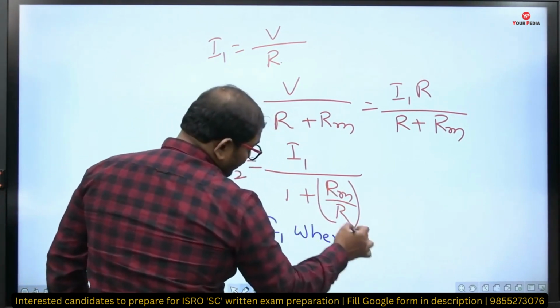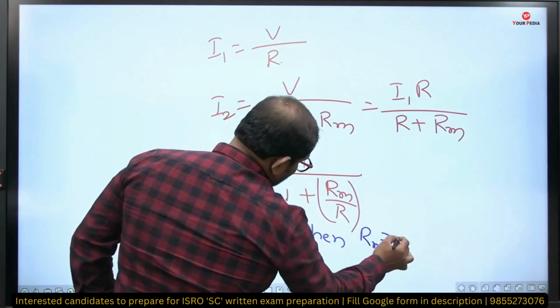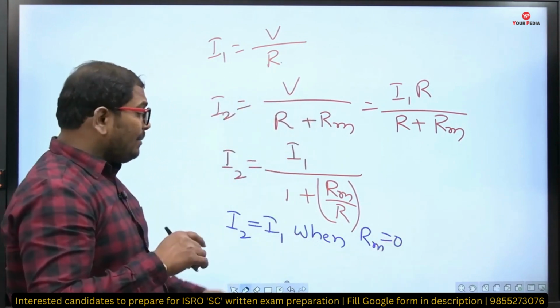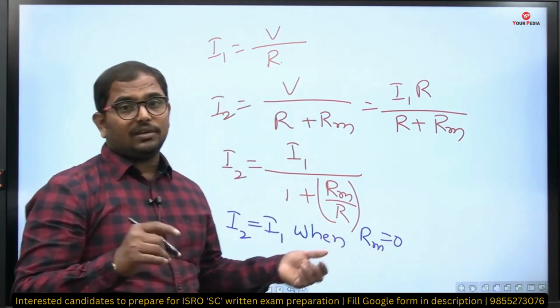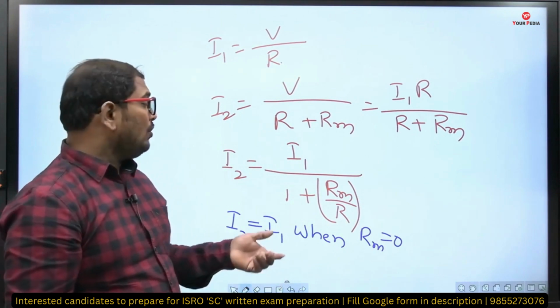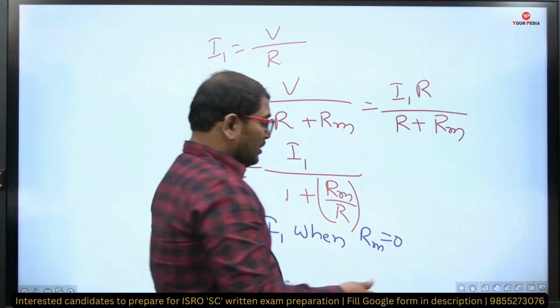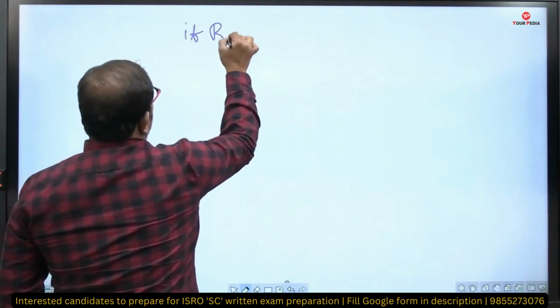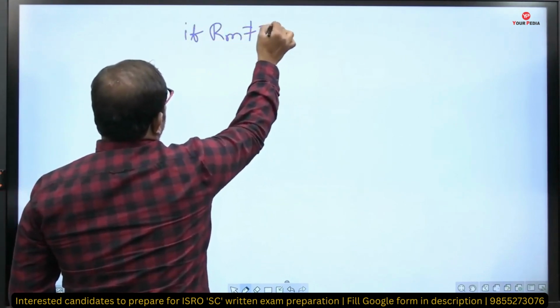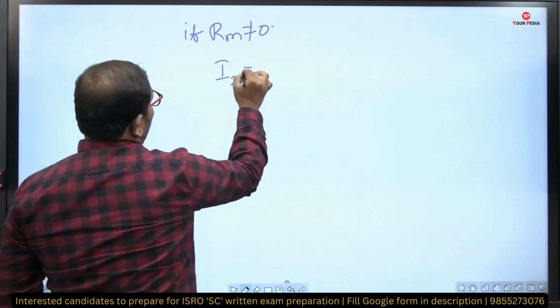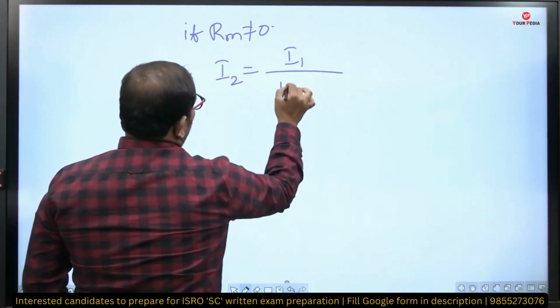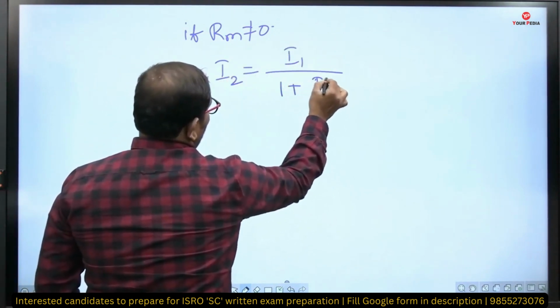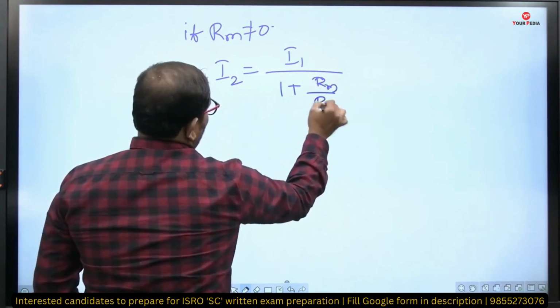But if Rm is a non-zero value, then what happens to the I2 value? It is I1 by 1 plus some value, whatever it may be.